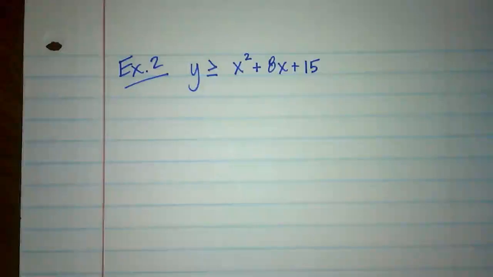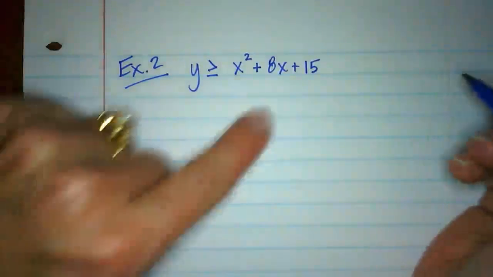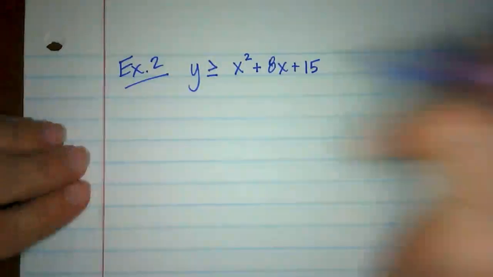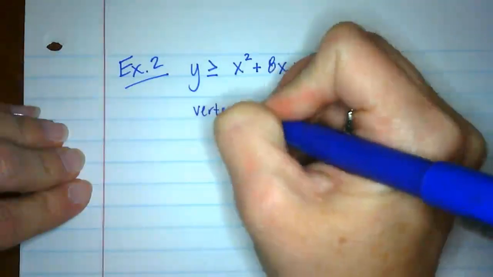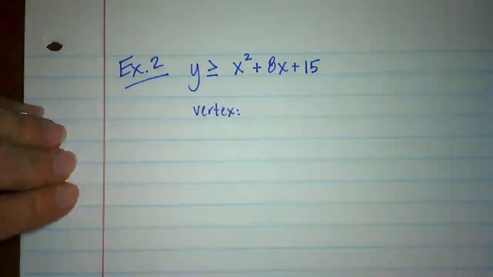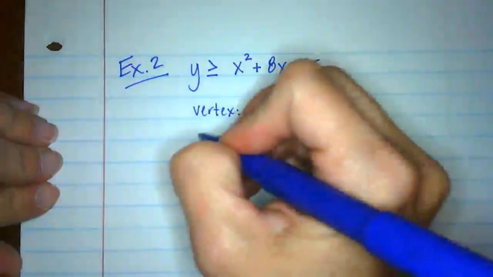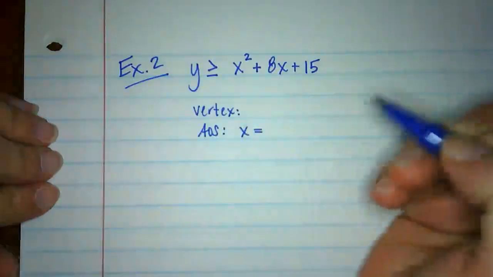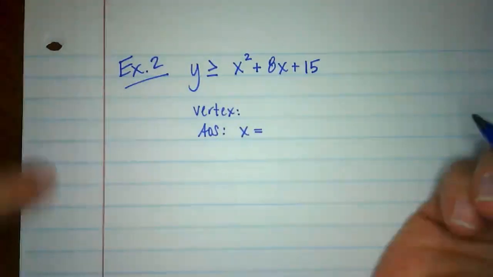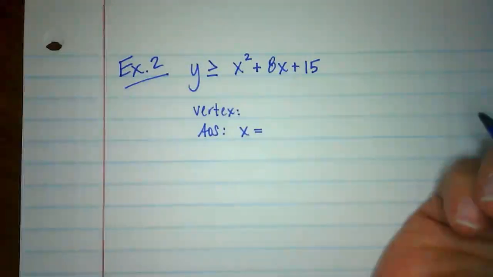All right, so this one is in standard form. When it's in standard form, the way that we go about getting the vertex is we need to do -b over 2a. Once we get that, that will give us the x value. Then we need to fill it back in to get the y value.